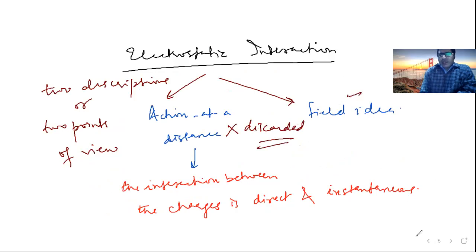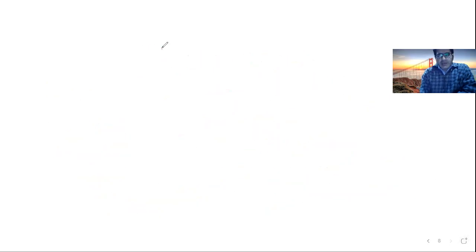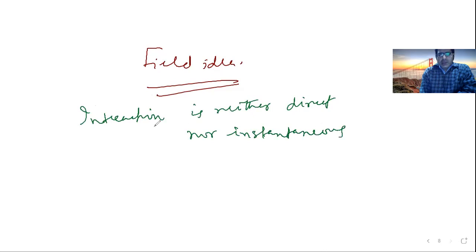So we have a new idea, that's the field idea. And in the field idea, what do we say? We say that the interaction is neither direct nor instantaneous.